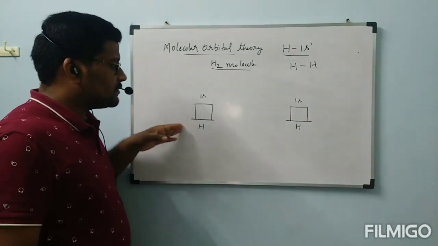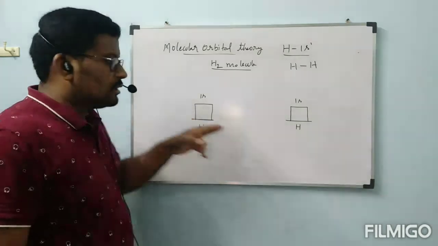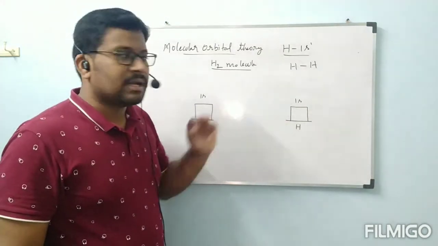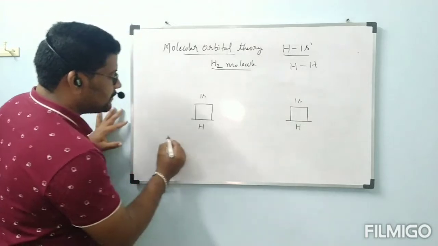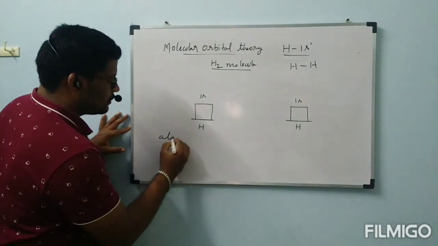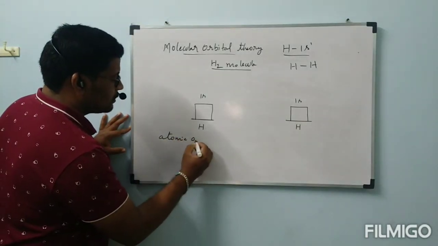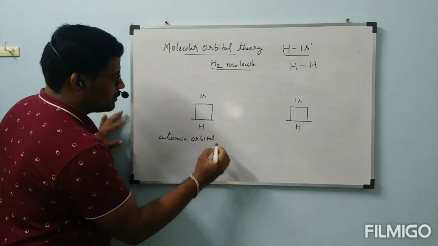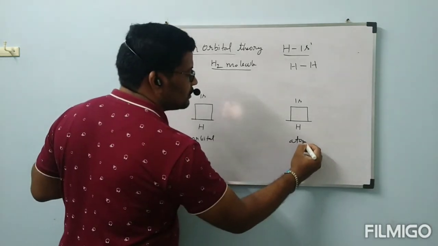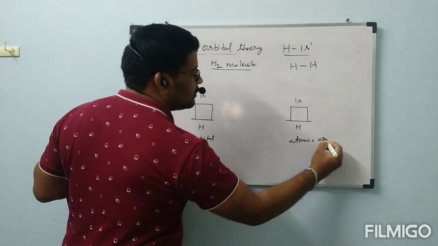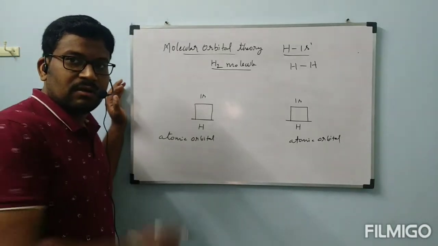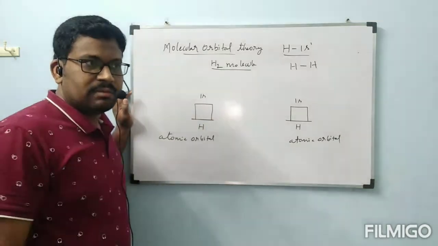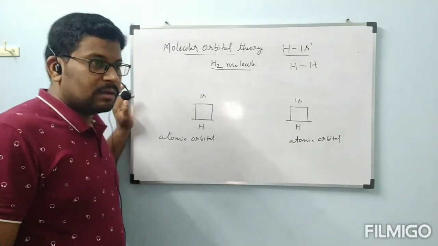This hydrogen has one orbital, 1s. This hydrogen also has one orbital, 1s. These are atomic orbitals, all the things we discussed in atomic structure. Now what is going to happen?